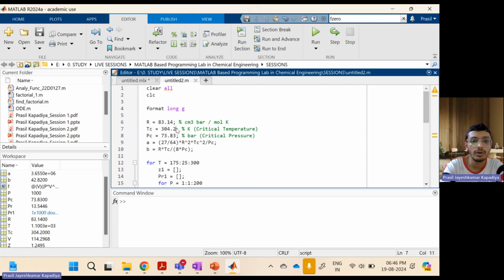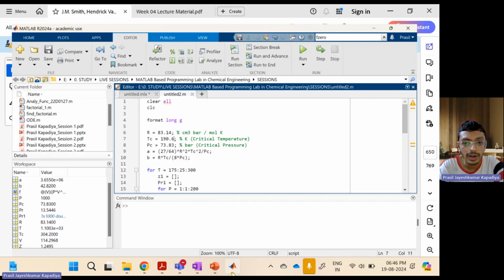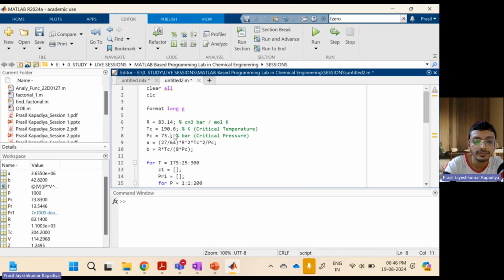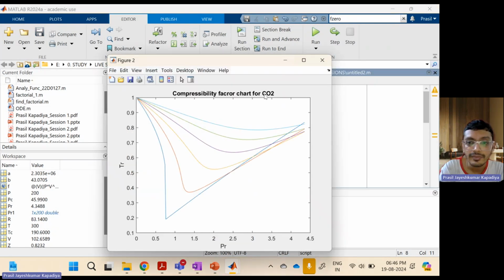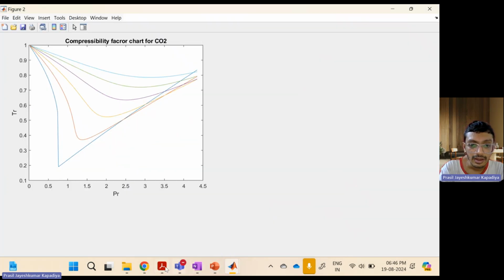So I will write TC equal to 190.6 Kelvin and PC equal to 45.99 bar. So let's see what we are getting for these three temperature points. Okay, so I'm running it. So see, it is well matching.